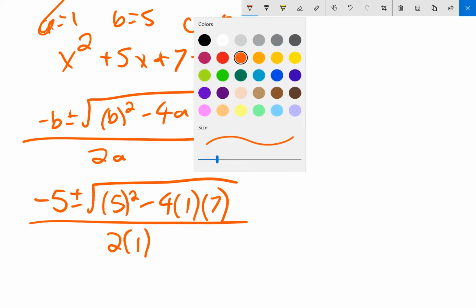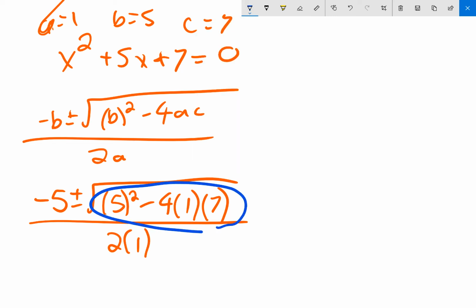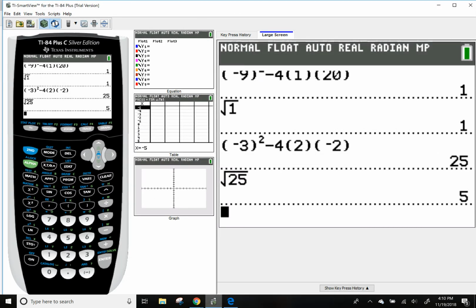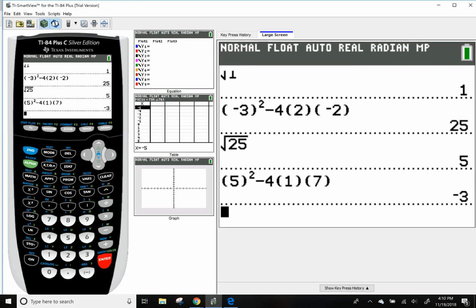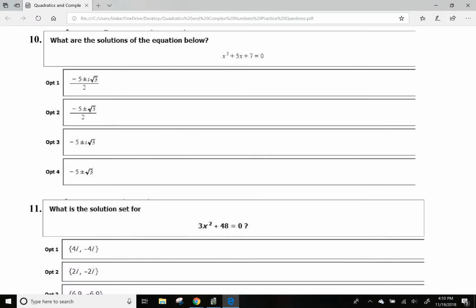So again, if I type all of this in my calculator, we'll see what we get. So in my calculator, I've got, in parentheses, 5 squared minus 4 times 1 times 7. And that is negative 3.